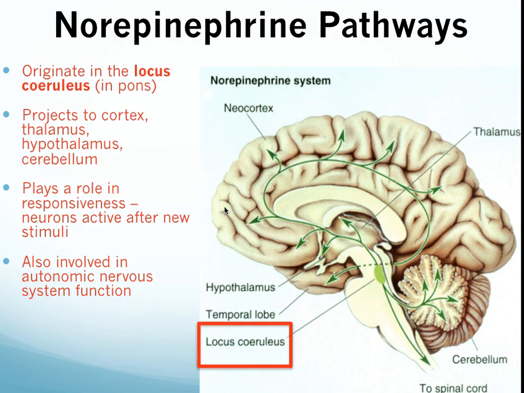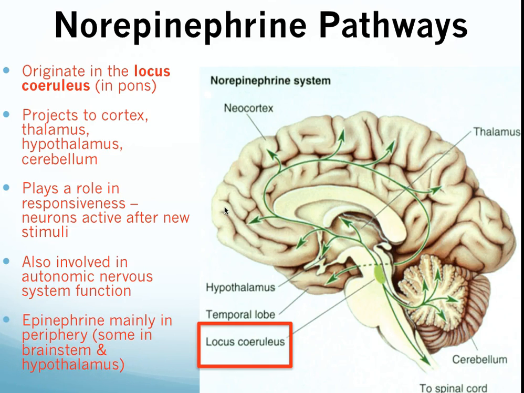Autonomic nervous system functioning, it's super important. I think we talked about this before. Norepi and epinephrine basically project and send projections and get released all over the place in the body, okay? But autonomic function is important. Here, I didn't include something for epinephrine because epinephrine is more of a peripheral sort of neurotransmitter, okay?